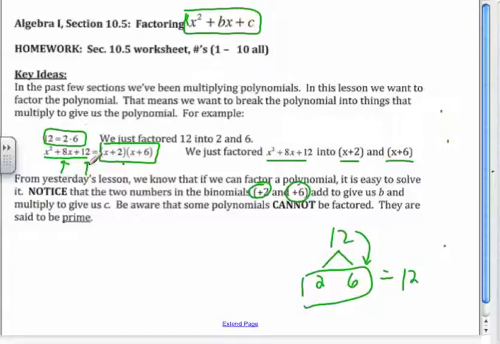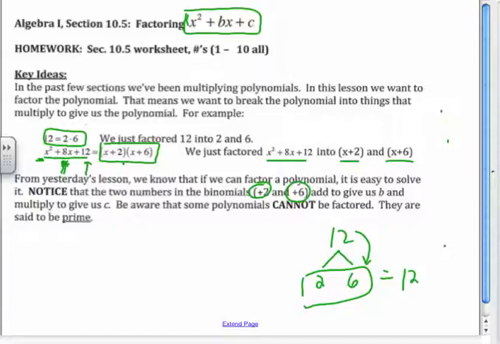Okay? That's always the rule when there's nothing in front of the x squared. Okay? It's a little bit more complicated when there's a number in front of the x squared, and we'll get to that tomorrow. Okay? But when there's not, the two numbers add to give us the middle. Okay? Help me out. And then they multiply to give us the last number.